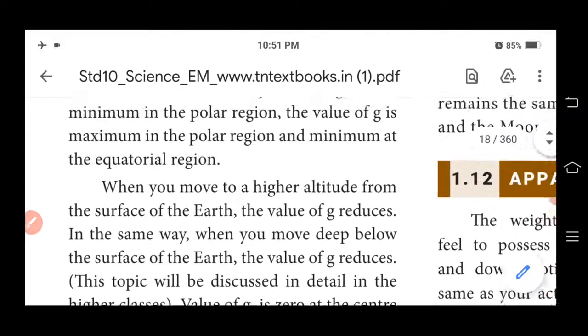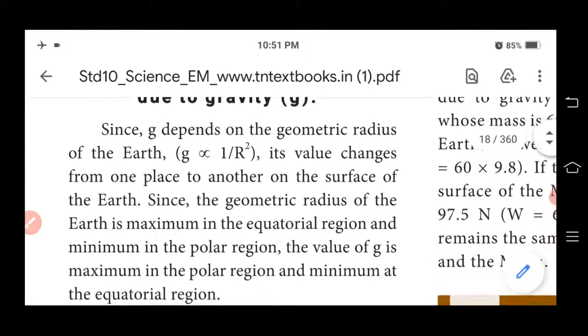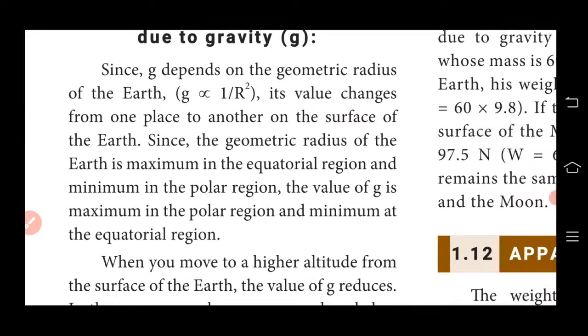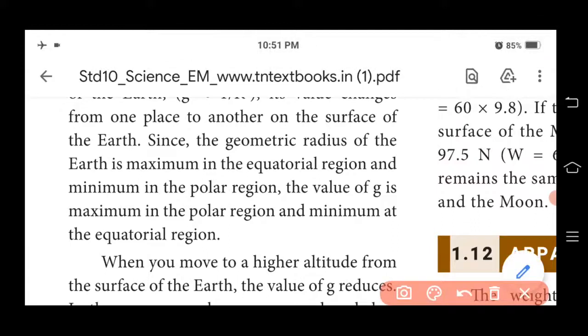Acceleration due to gravity changes with respect to geometric radius of the earth. So acceleration due to gravity is maximum at the polar region and minimum at the equatorial region.